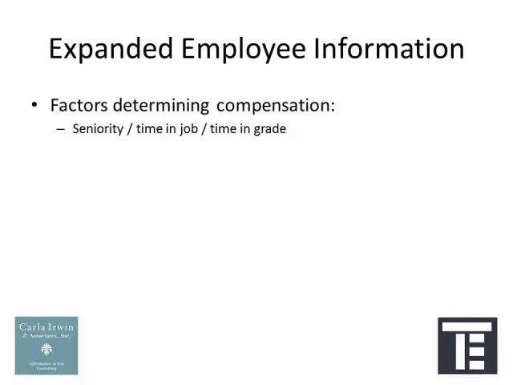Seniority or time in job can go a long way towards explaining why, for instance, two employees who are in the same job title in the same AAP group have different compensation rates. One may be a relatively new hire. Another one may be an employee that has longer longevity and has gotten cost of living and merit increases for a number of years. So seniority, time in job, or time in grade typically do influence someone's compensation.